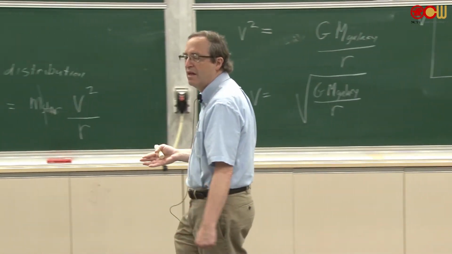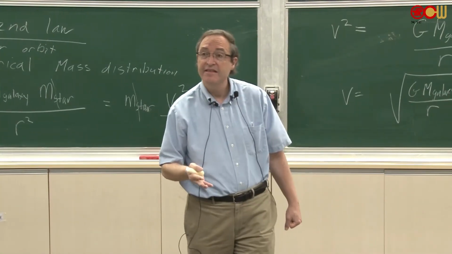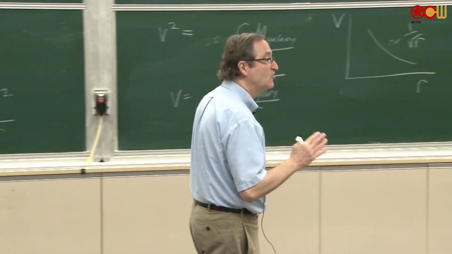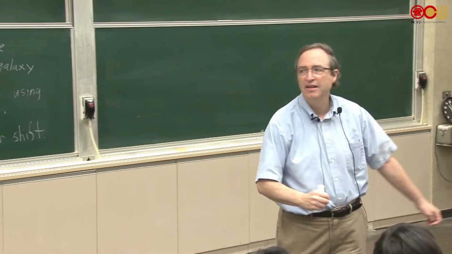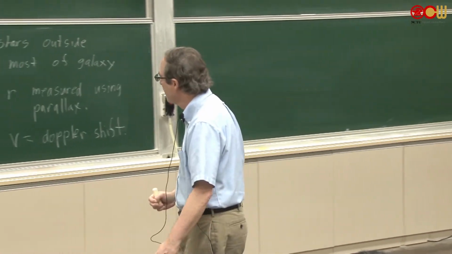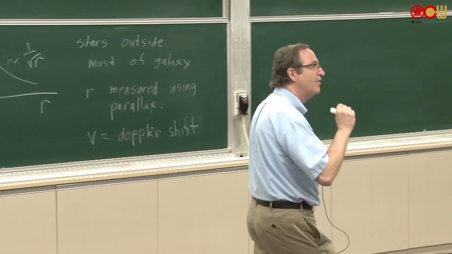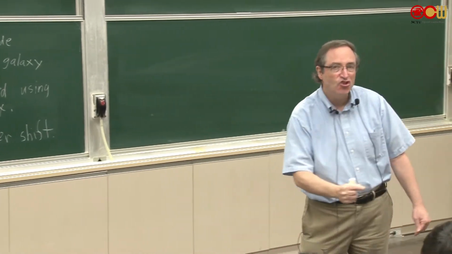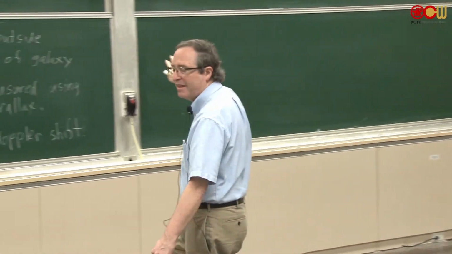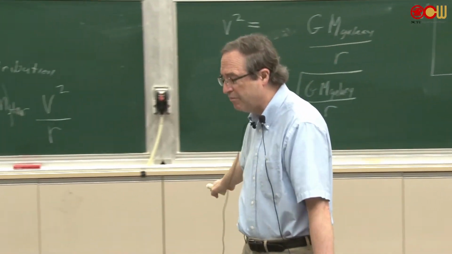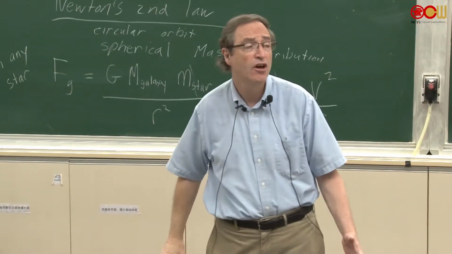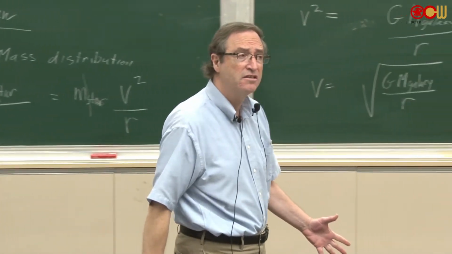All right? So in 1975, an astronomer, Vera Rubin, who I actually met once about 25 years ago, measured the velocity of the stars near the edge of our galaxy and further out, and also that of other galaxies.